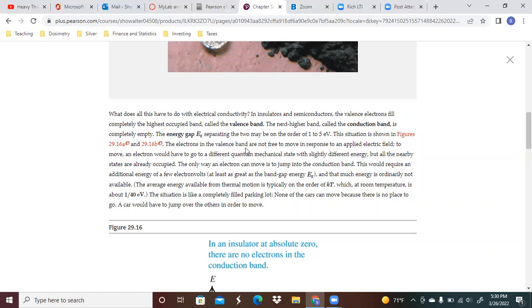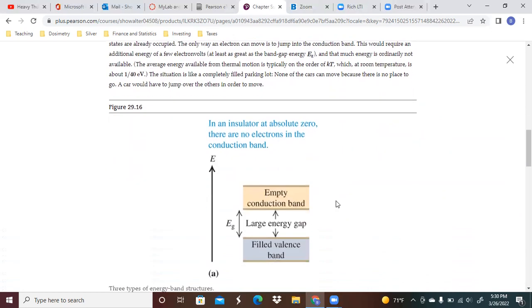So the electrons in the valence band are not free to move in response to an applied electric field. To move, an electron would have to go to a different quantum mechanical state with slightly different energy. But all the nearby states are already occupied. The only way an electron can move is to jump into the conduction band. So jump from here into here.